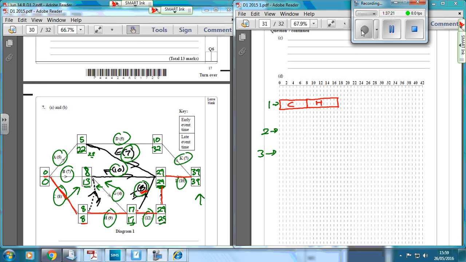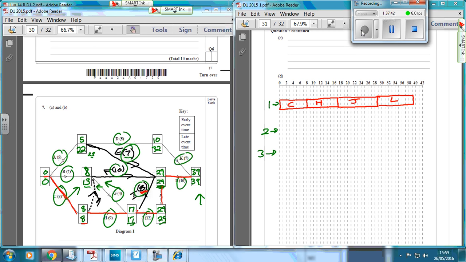Then we've got activity J, which takes up to 29. Then we've got that dummy activity, which we don't include, and then 29 up to 39, which is this one here.